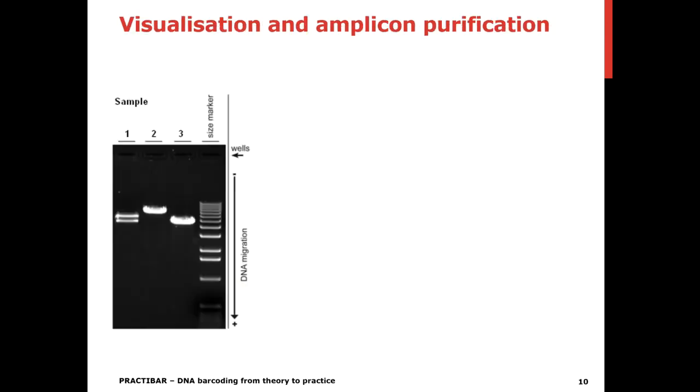And we start with visualization and amplicon purification. So you have here your gel, and you see you have a nice band, and this band you can directly purify for sequencing.